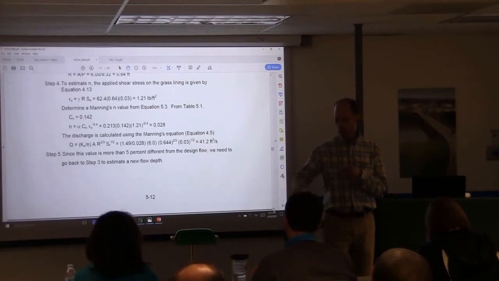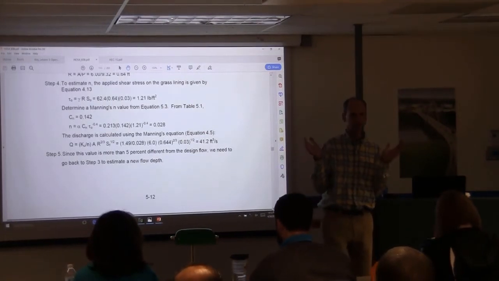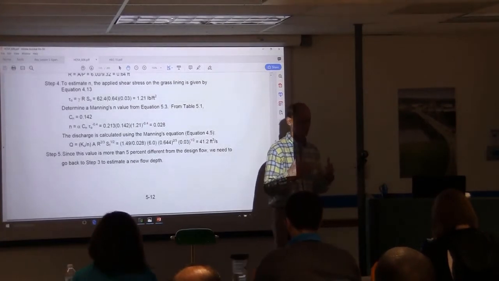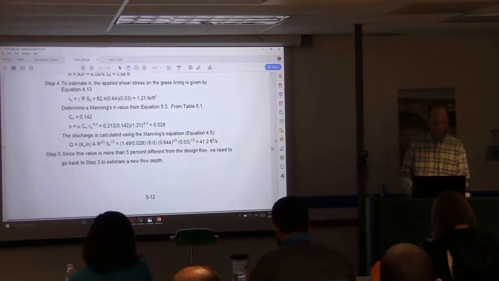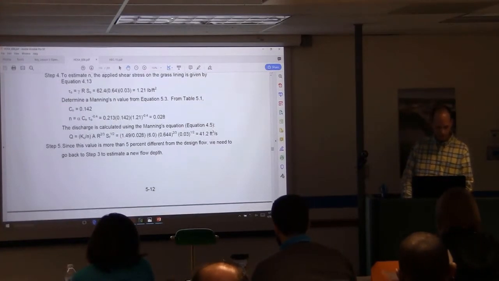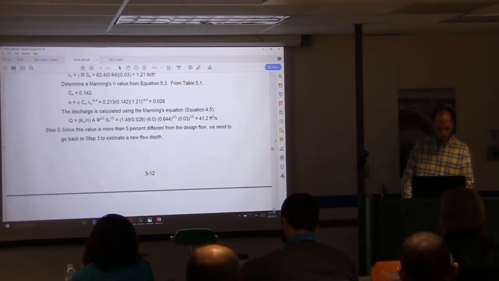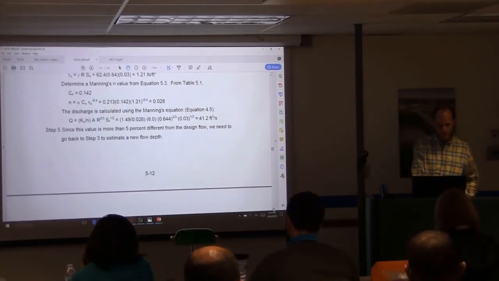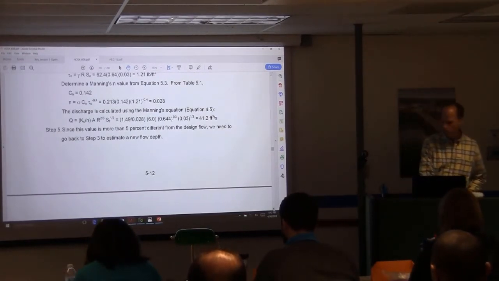We just don't go to a table and just pick out a roughness and that's exactly what it is. It's a function of our flow depth. And so this is where we get into this iterative procedure. All right, so again, walking through this example that's in HDS4, we see that relative roughness for this vegetation comes from this equation.